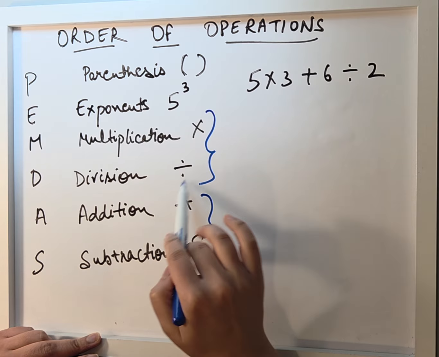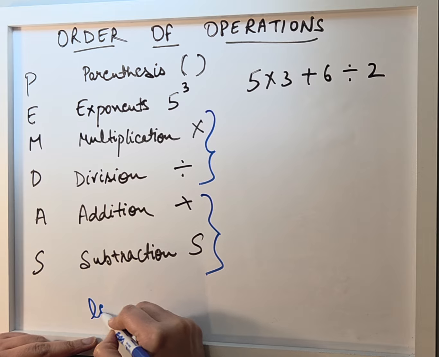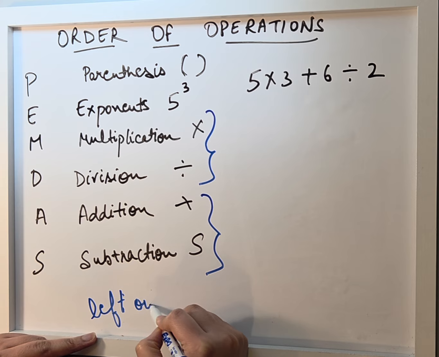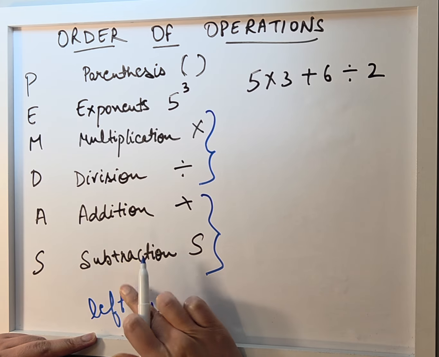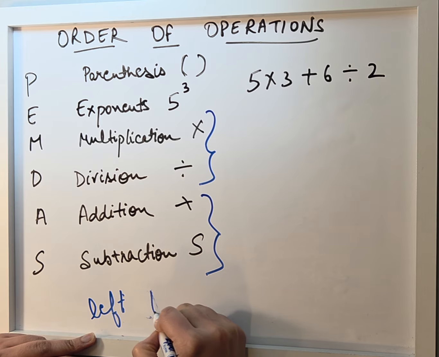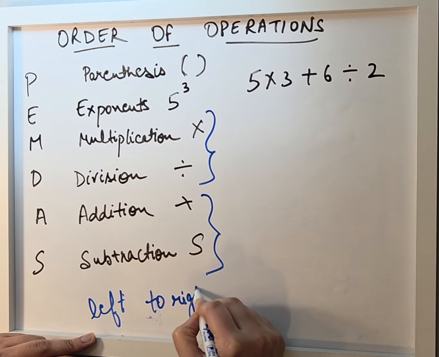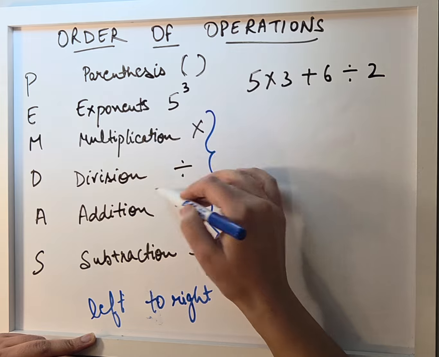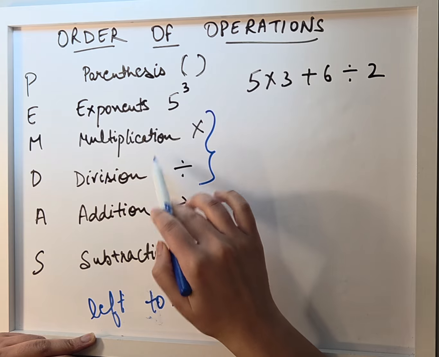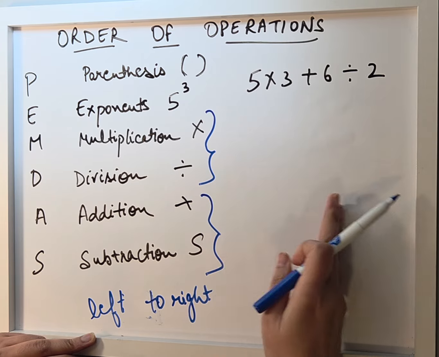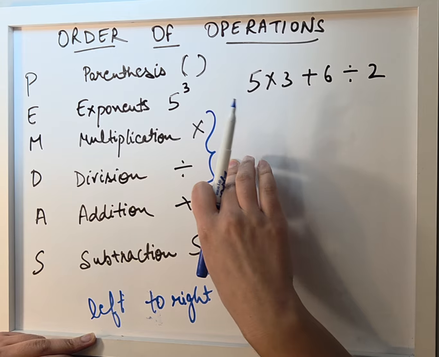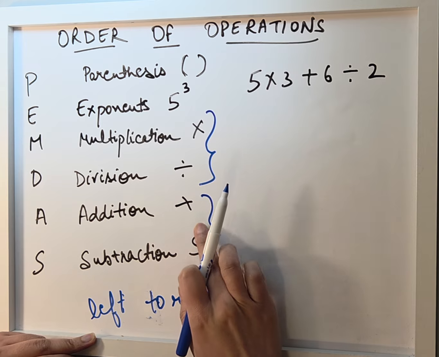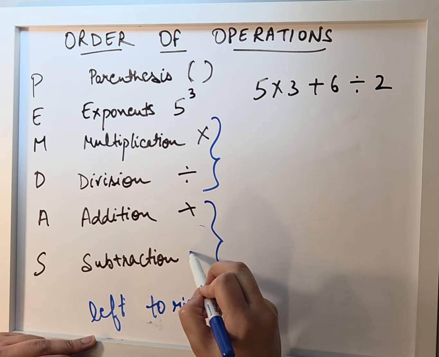When you have one group, the order you follow is left to right. They are both at the same level, so for multiplication and division, whatever comes first from left to right will be prioritized, and similarly for addition and subtraction.